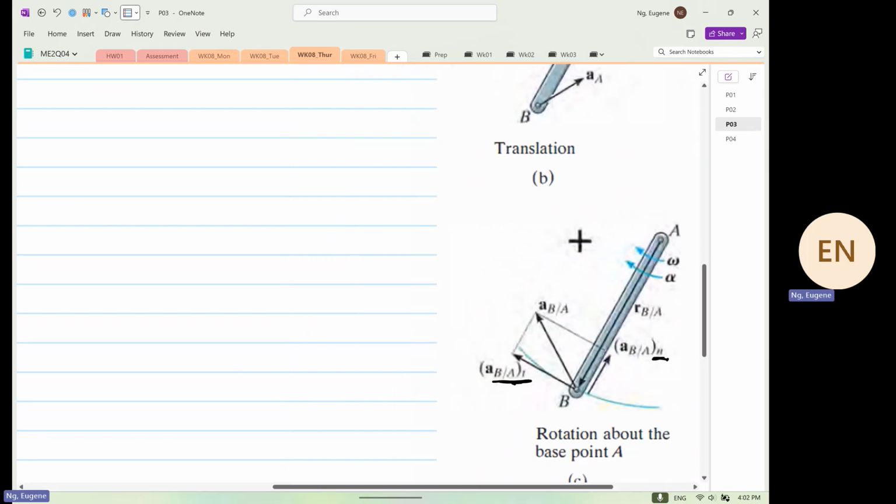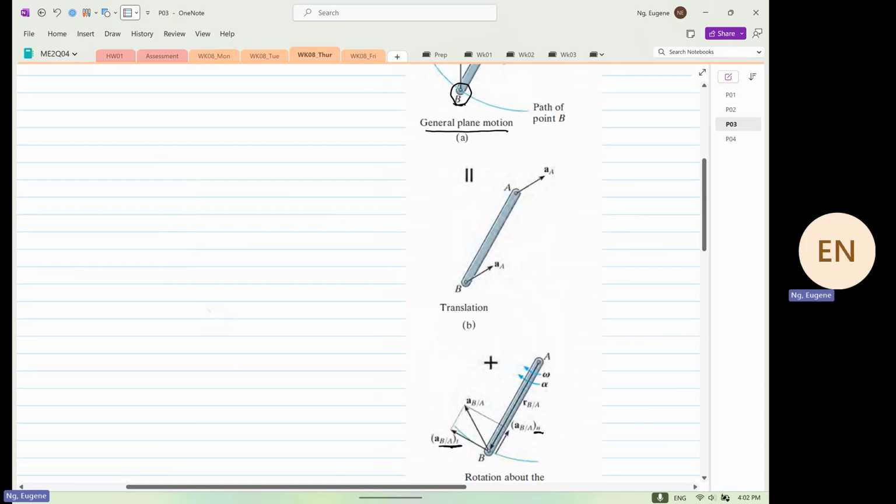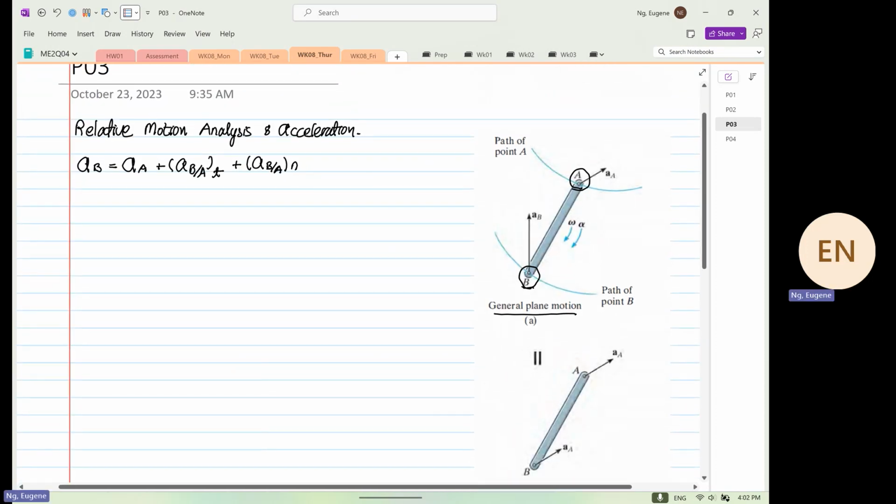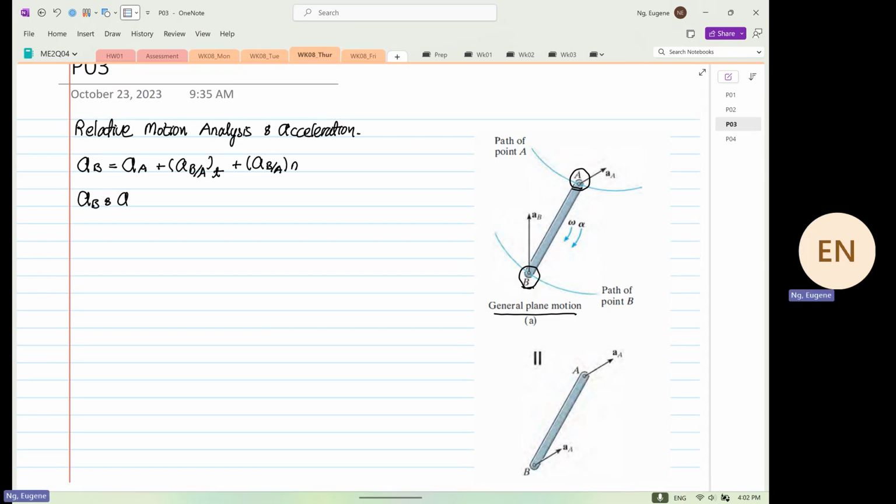Okay. So now if I were to write this out. AB is the acceleration, I'm going to put it for point B. Then AA is the acceleration for point A. Then we have A_B over A, tangent.